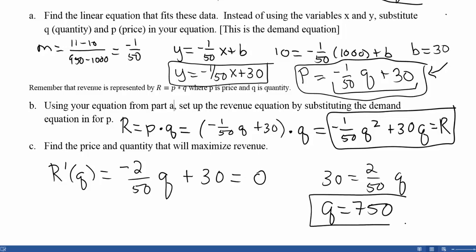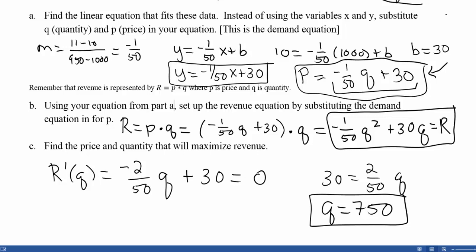So now I have my critical point. If I were to take the second derivative of this function, I would have negative 2/50ths, which tells me that my revenue equation is concave down everywhere. Since it's concave down everywhere, I know that my q has to be a maximum. So that's the quantity that maximizes my revenue here.